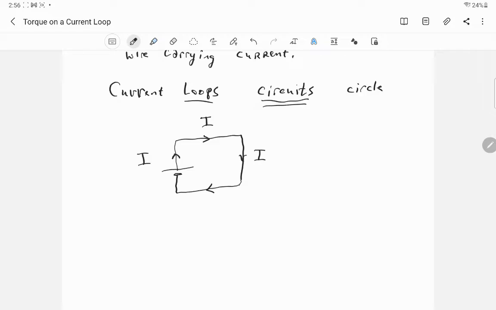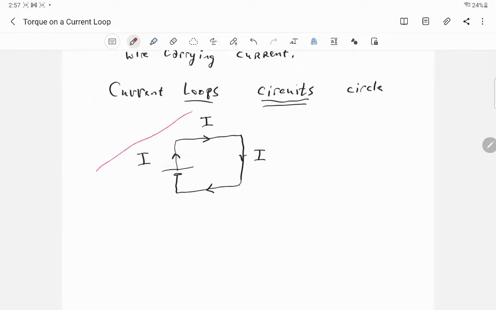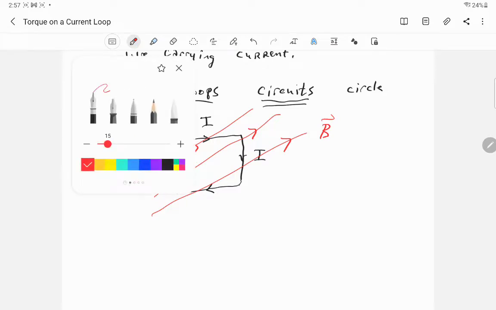So if this current loop was in a background magnetic field, maybe I'll just draw some field lines. Here is some background magnetic field. Then the various segments that make up the total circuit are going to feel various forces.